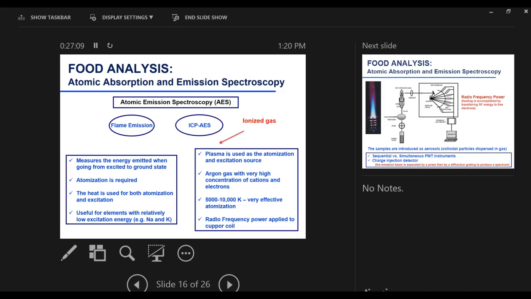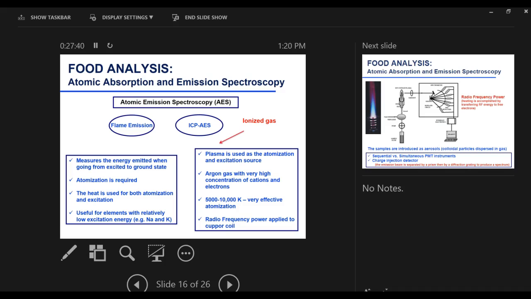So that is when the gas gets ionized, it becomes plasma. So argon gas is commonly used, and the argon gas, when it gets energy from radio frequency, it gets ionized. So you end up having high concentration of cations and electrons in the plasma.